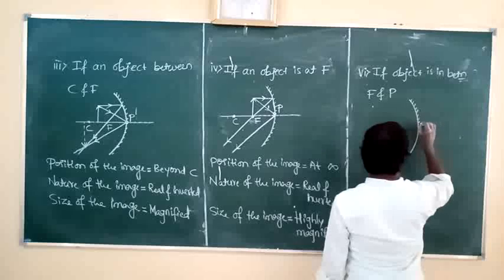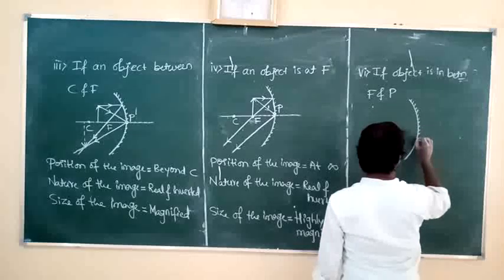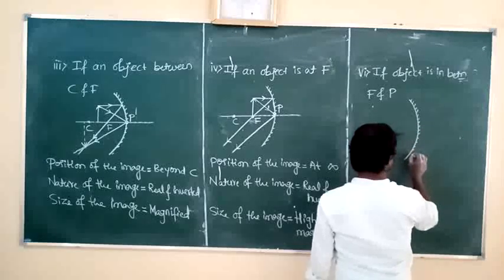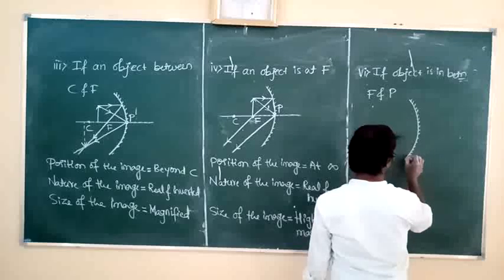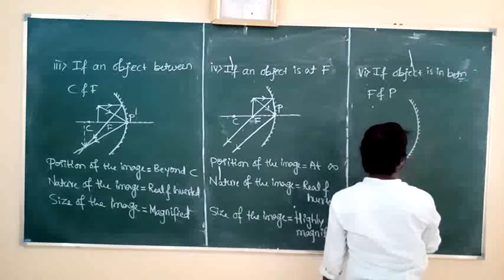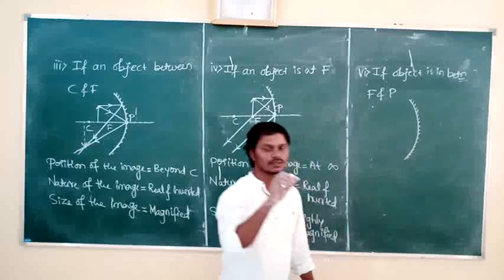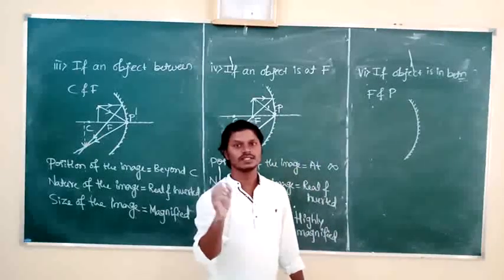One more thing while drawing the ray diagram: one surface has to be the reflecting surface, and the other surface has to be opaque. You have to show one side shaded.